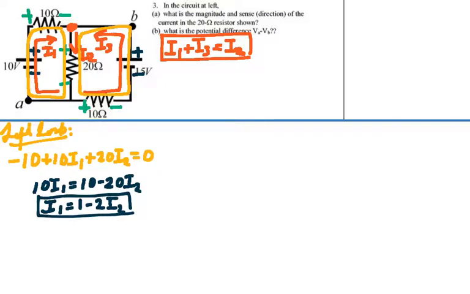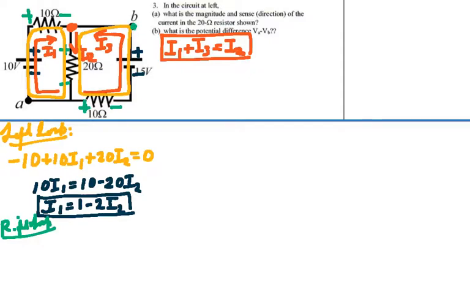Okay, what about the right loop? If I look at the right loop, let's start at point B here and just go around clockwise.